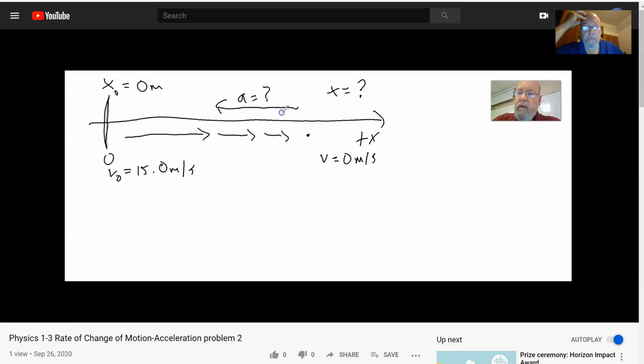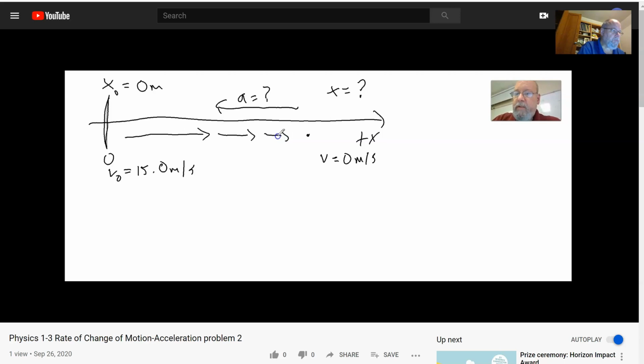Because our acceleration arrow needs to be pointing in the negative direction here, to indicate that we're going to oppose the motion of the car. Okay, and that's another good way to think about it. Acceleration causing deceleration needs to oppose the motion of the car. And another thing that we can say is that the acceleration arrow always has to be going in the direction of increasing lengths of velocity vectors.